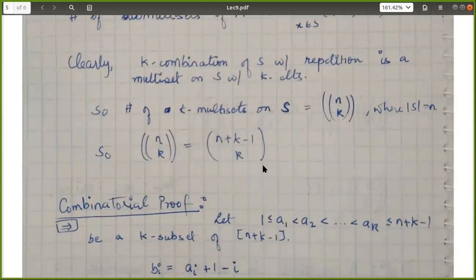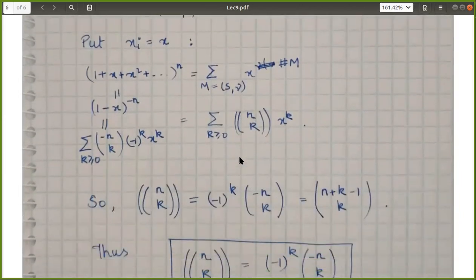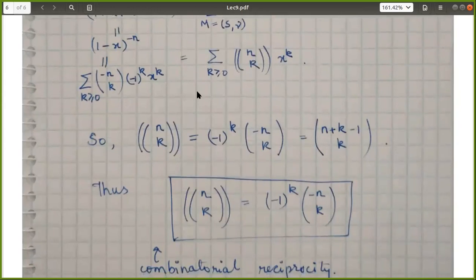So n multi-choose k independently itself is n plus k minus 1 choose k. Therefore, this number being equal to this, and from here we computed it to be equal to this as well.